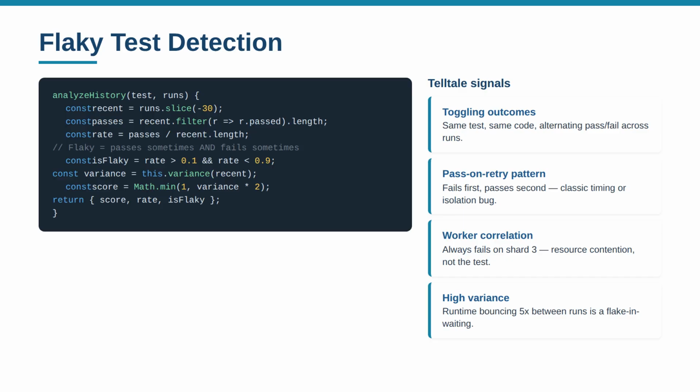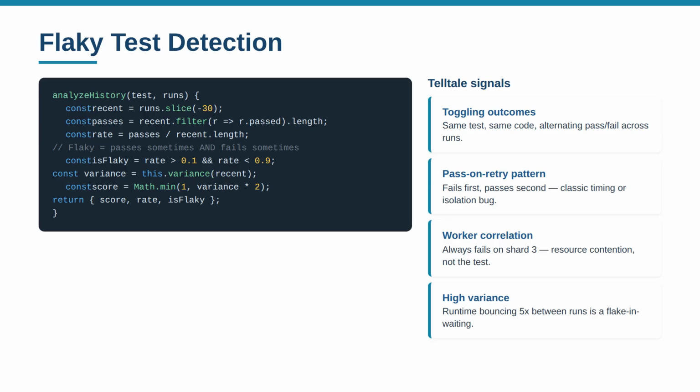A pass rate near 0 or near 1 is a reliably passing or reliably failing test, which is a different problem. Beyond the binary classification, you calculate a flakiness score between 0 and 1 based on result variance. A higher score means more unpredictable behavior and higher priority for investigation.